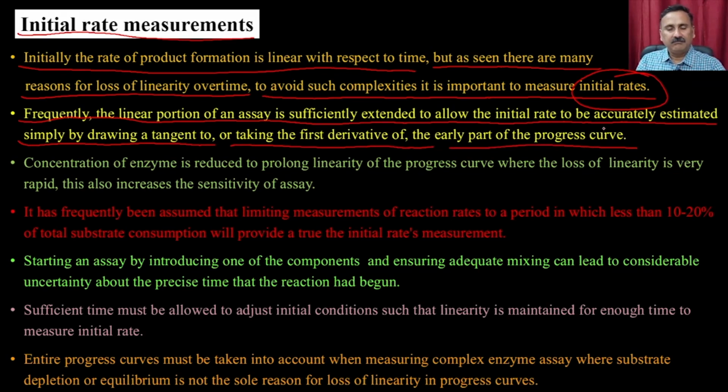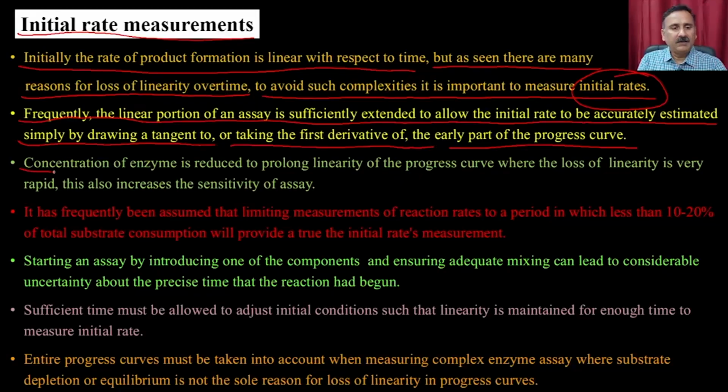Okay, so this is very easy, because when you are doing the initial curve, you can extend it, or you can derive the equations, and that's how you can use that part of the curve to calculate the different properties or kinetic parameters of the enzyme. The concentration of the enzyme is reduced to prolong the linearity of the progress curve, whereas the loss of linearity is very rapid.